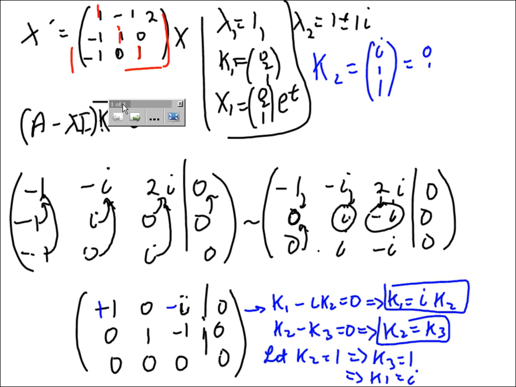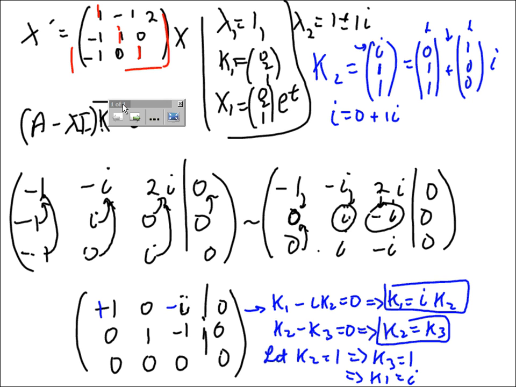The real part is 0, 1, 1 plus 1, 0, 0 i. Why is that? Because the i in the first position is really 0 plus 1i. This 1 is 1 plus 0i. And this one down here is also 1 plus 0i.